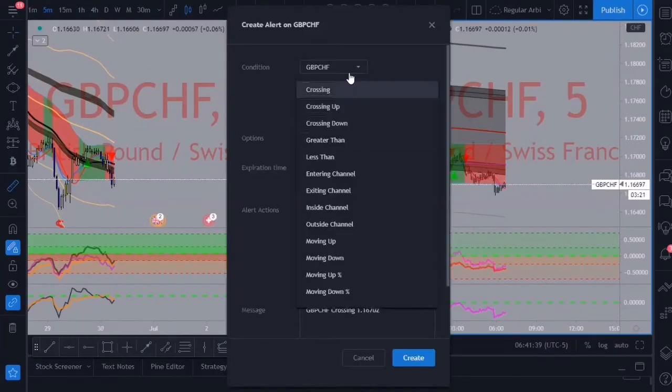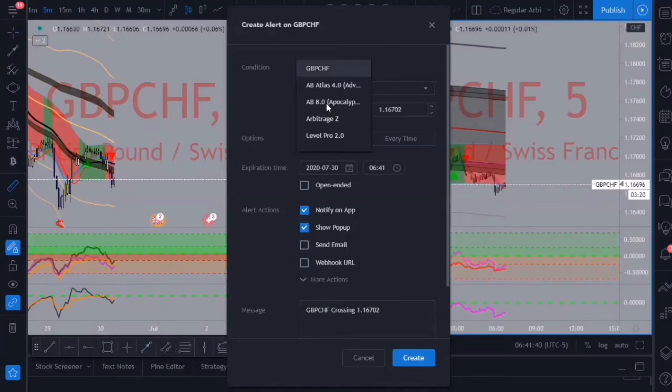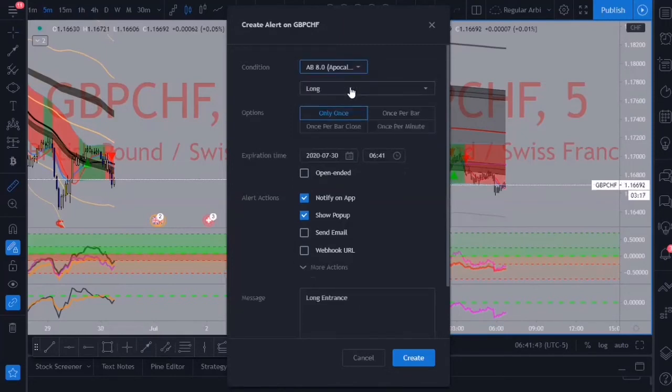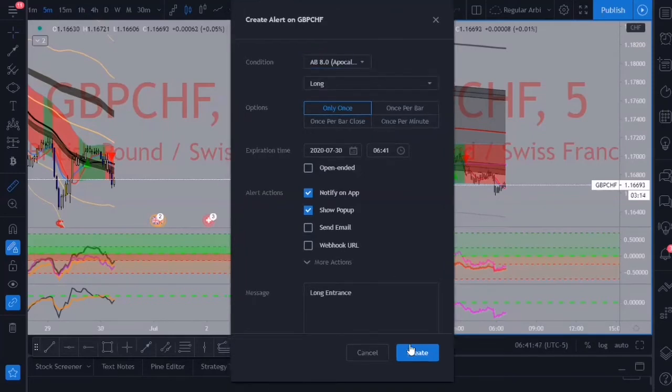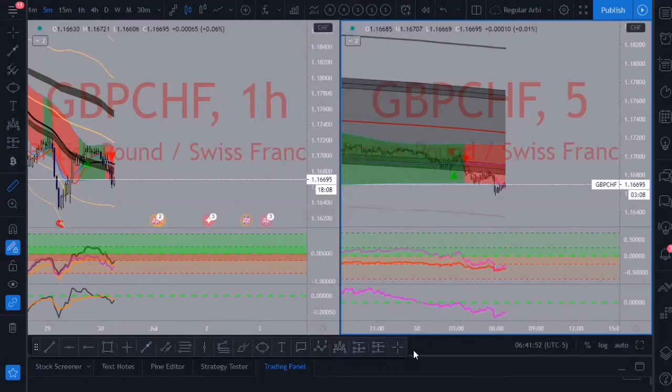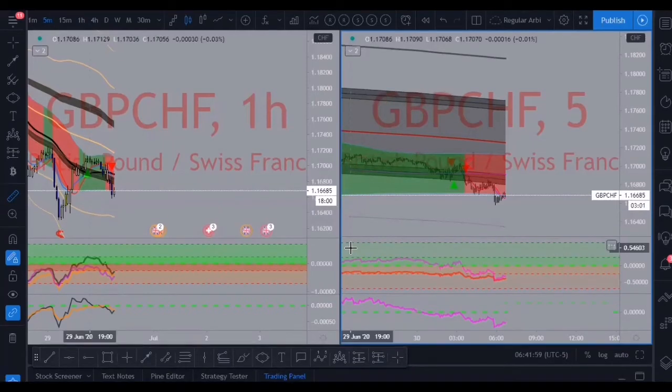Not crossing. I want the actual buy call. Long. Create. Wow. Hold on, let me see if I can change it right now. I forgot to switch it over again.